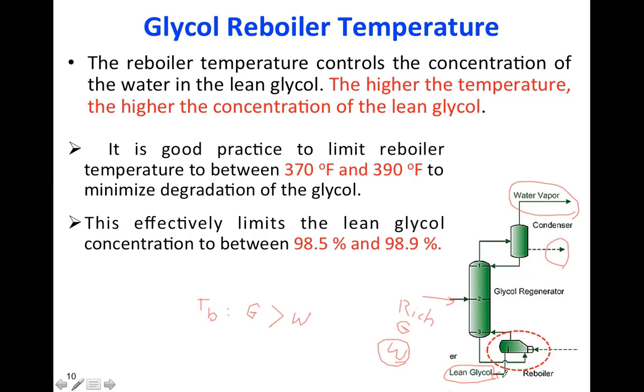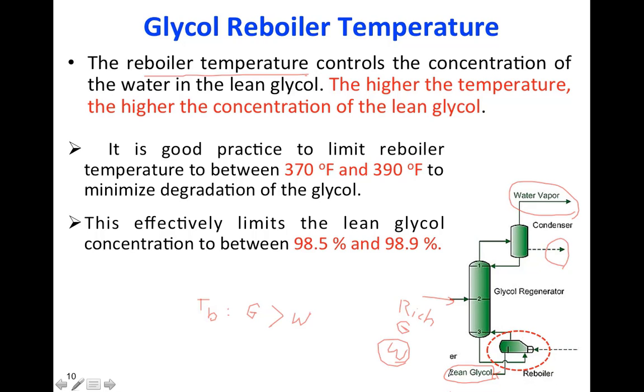So the operation of this reboiler, the operating temperature and pressure, is very important, because the temperature of the reboiler can control the concentration of water in the lean glycol. This lean glycol is very pure, but it still has some water.